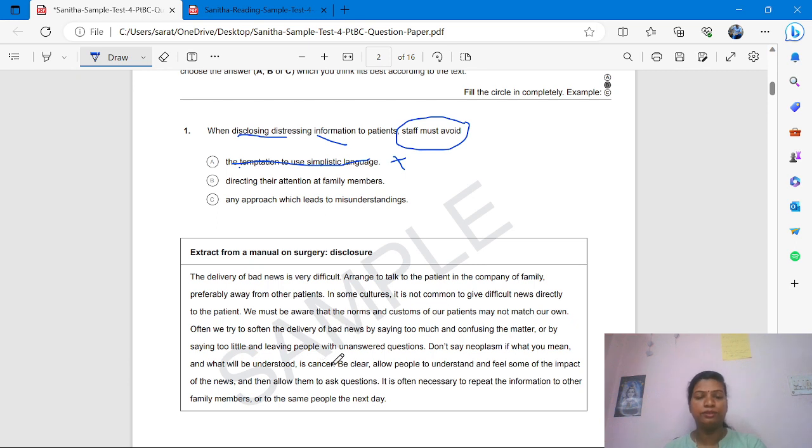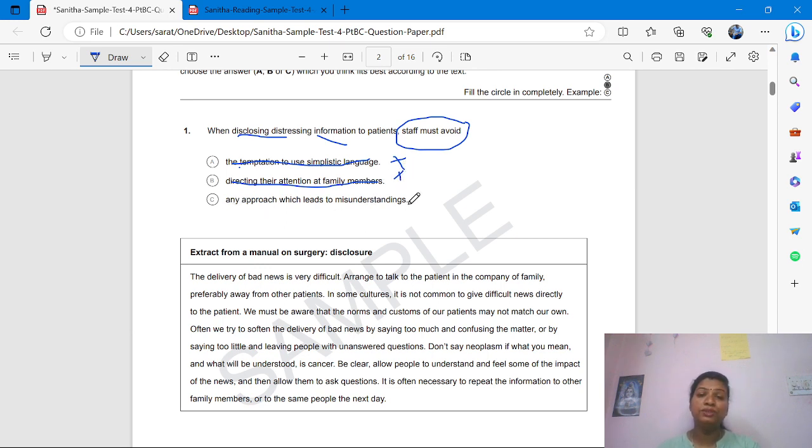We have to discuss with the patient, sometimes accompanied by the family, following some cultures and norms. It says we have to follow their customs and norms. So we have to accompany the family and disclose the information, but it is not directing their attention to family members. It is not saying that, so no.